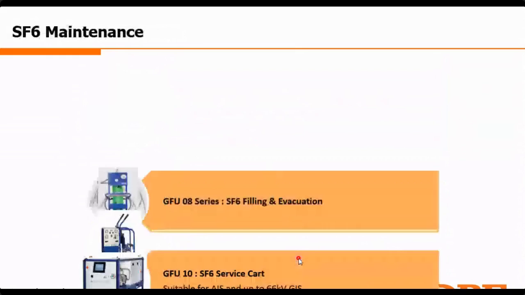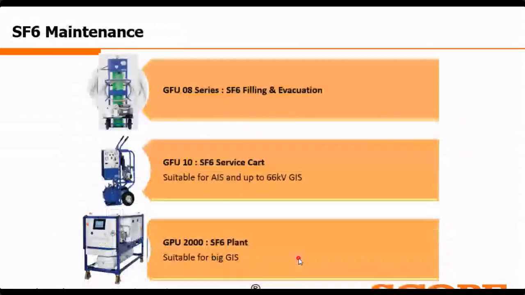And for the maintenance solutions, we have the GFU08 series, which is generally for filling and evacuation. Again, I'm repeating, evacuation means the evacuation of dry air or nitrogen. This is the vacuum operation. The GFU10 is their SF6 service cart.